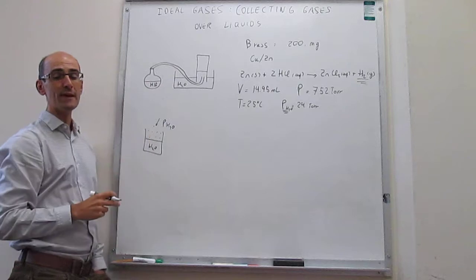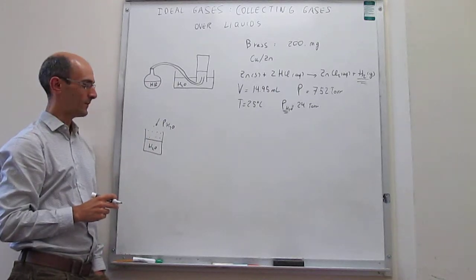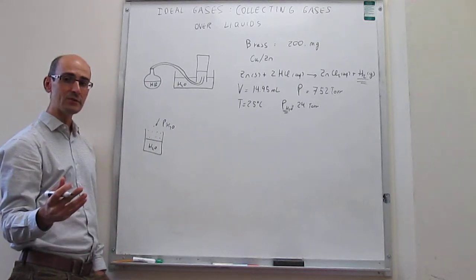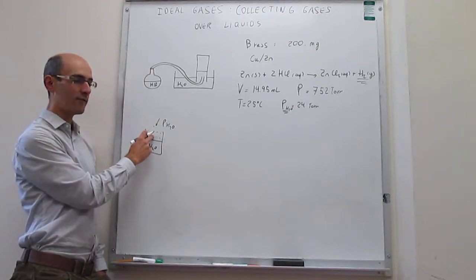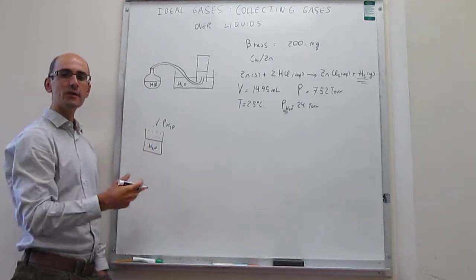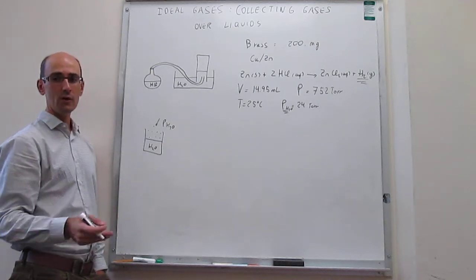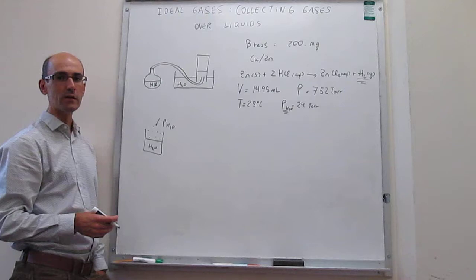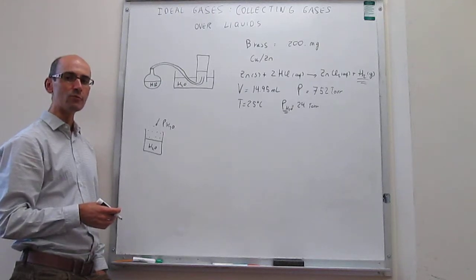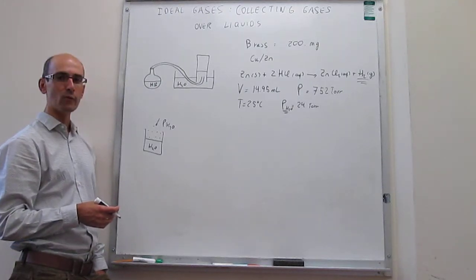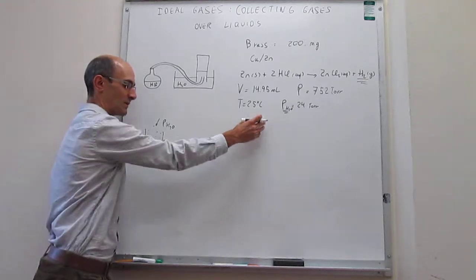This is what we call the vapor pressure of the liquid. This depends on the temperature, so if this water is hotter, then you have a larger vapor pressure, and it also depends on the liquid. For example, if you have something like ethanol, which is more volatile than water, then the vapor pressure at the same temperature would be much larger for ethanol than for water. So this is what the problem is providing.